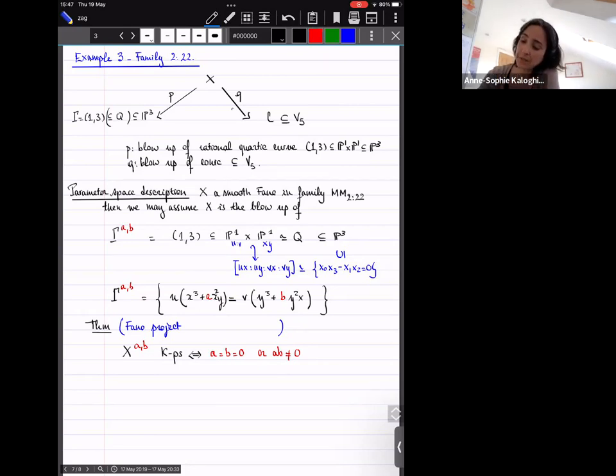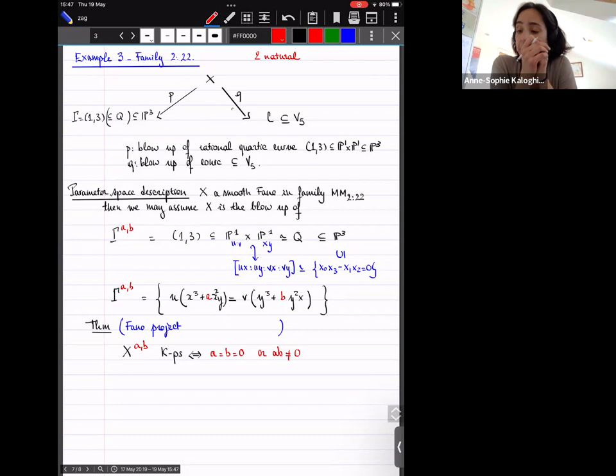But let me just mention, before going any further, that in the previous two cases, the case of family 225 and family 224, there was essentially one curve that encoded all of the geometry of X. In the case of 225, it was this (2,2) intersection, which was the base locus of the pencil on the other side.